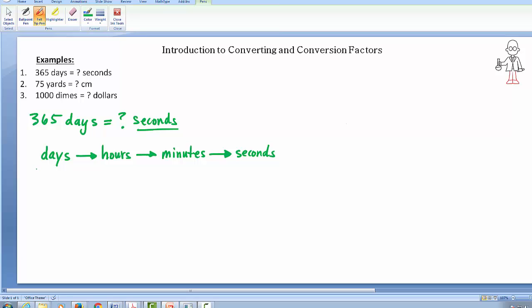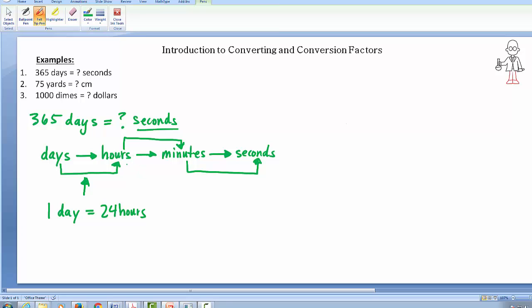So in order to do that, we must know the equivalency between each unit, going from one unit, days, to hours, from hours to minutes, and from minutes to seconds. So we do that by establishing an equivalency or an equation. And the equation for this first step, going from days to hours, we know that in one day, that's equal to 24 hours.